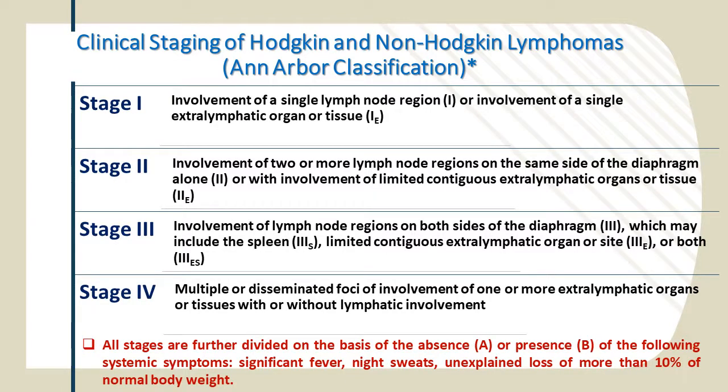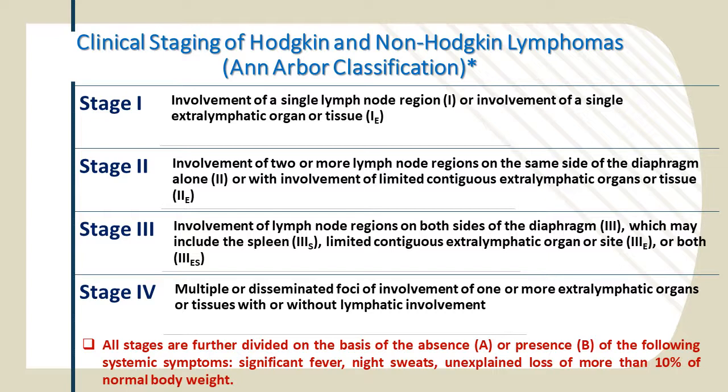At the end of the lecture, we should know the clinical staging of Hodgkin and non-Hodgkin lymphomas, called the Ann Arbor classification. It has 4 stages. Stage 1 is the involvement of a single lymph node region, or involvement of a single extralymphatic organ or tissue. Stage 2 is the involvement of 2 or more lymph node regions on the same side of the diaphragm, either alone or with the involvement of limited contiguous extralymphatic organs or tissue.